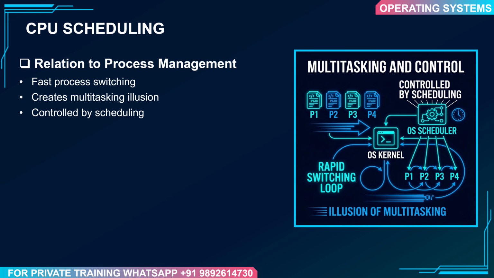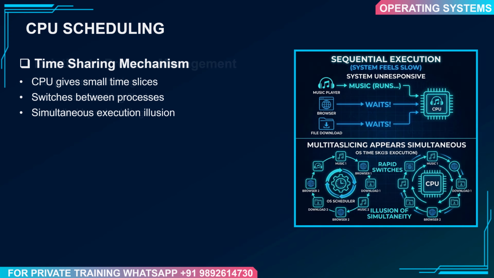Now, this idea is not completely new. Earlier, when we talked about process management, we said the OS switches between processes very quickly to create the illusion of multitasking. This switching is not random, it is controlled by scheduling. To understand this better, imagine you have three processes: a music player, a browser, and a file download.